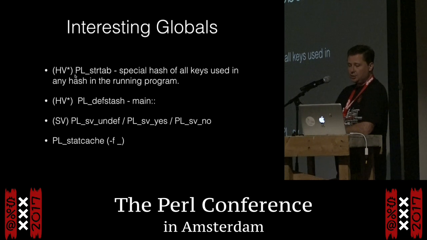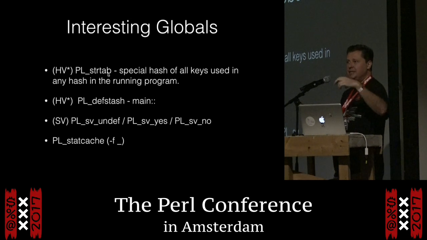But you also have PL_strtab, which is actually this very special hash, which has no values. What it's doing is holding every single key that is in your running program. So if I have 12 hashes and they all have foo as a key, that key is actually the same value.